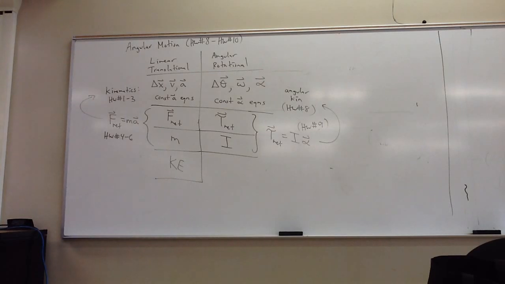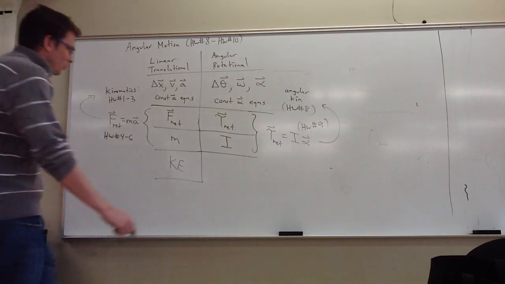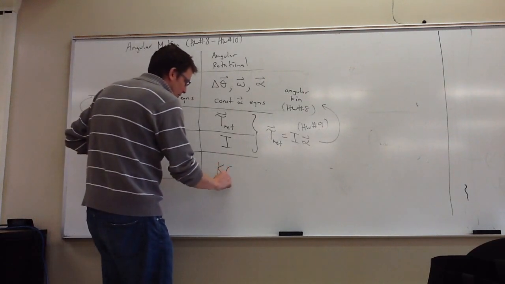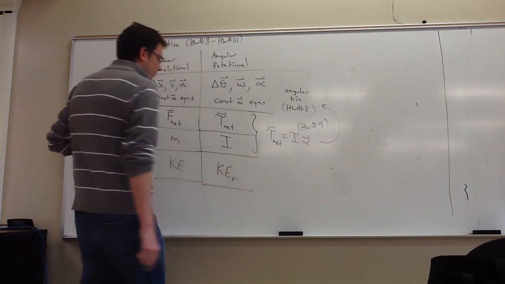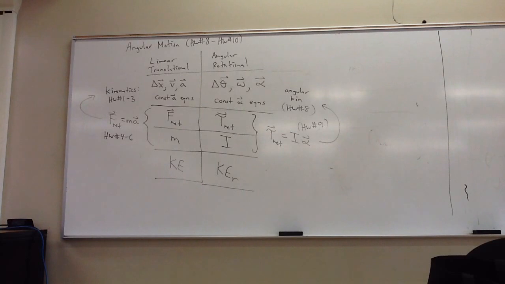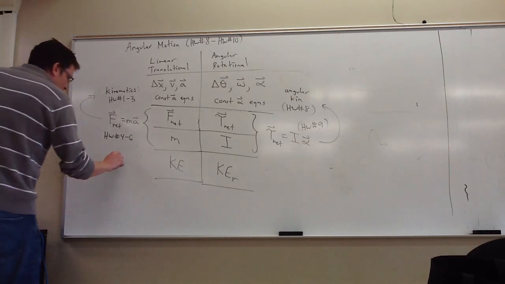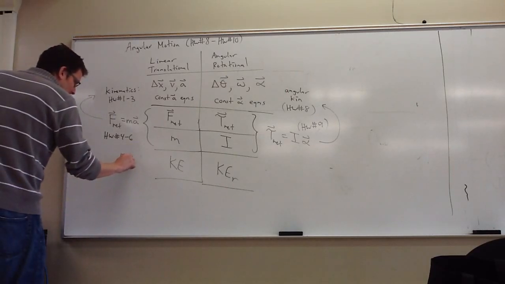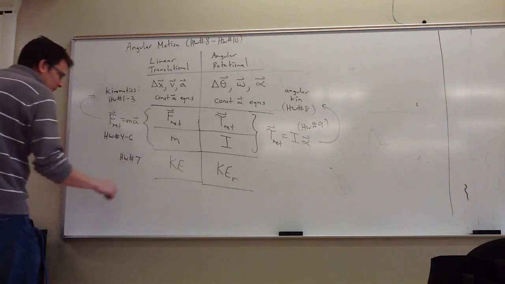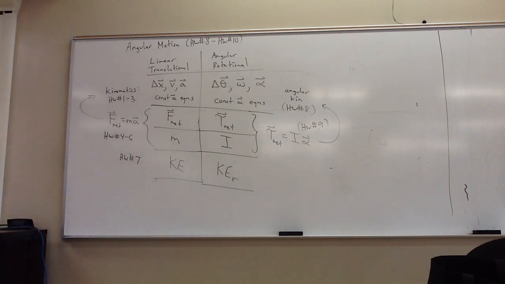Another way you can have energy in your motion is if an extended object is spinning. You can have something called rotational kinetic energy. So there's two ways that something can have energy in its motion. Either it's because it's flying through space or it's rotating upon itself. This was on your homework number 7, and of course a little bit on homework 8. But homework 7 was the big energy homework, right?